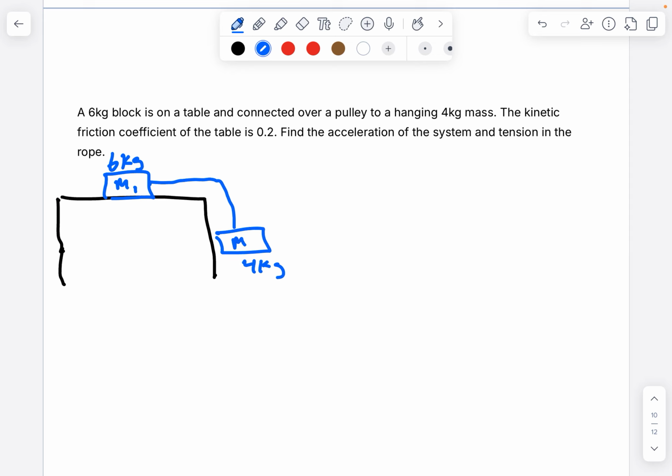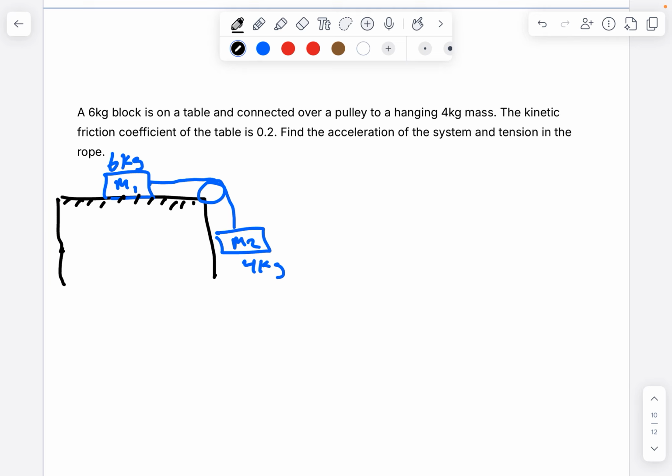I'm going to say this is mass 2. I'm going to put a pulley right there. A pulley just tells you that you can ignore friction in the pulley, but we can't ignore friction in the table. So I'm going to draw a little bit of a rough surface in the image to remind me there is friction. It's not a smooth surface.